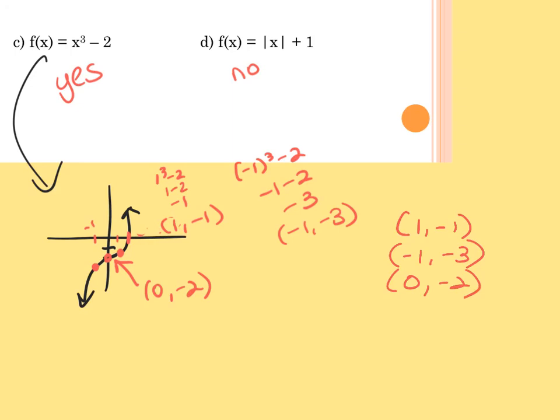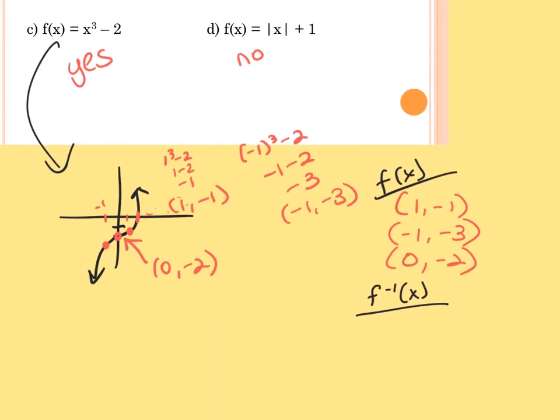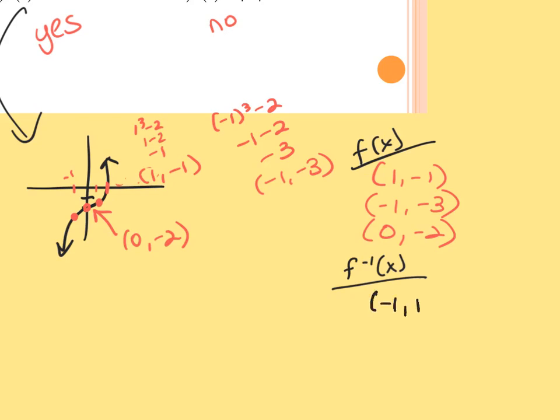Now take those 3 points, 1, negative 1, negative 1, negative 3, 0, negative 2. Find the inverse, which means switch the x and y's. So this is the f of x points. And I would get negative 1, 1, negative 3, negative 1, negative 2, 0. And if I were to draw that, my graph would look like that.